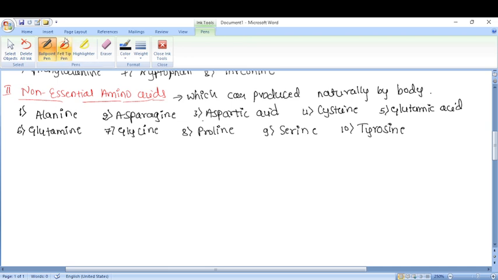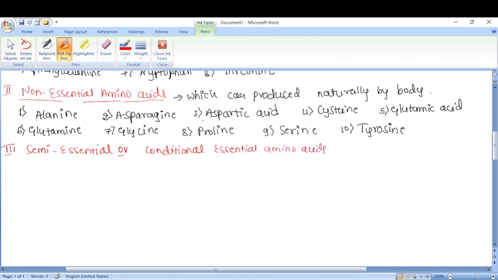Next, the third type is semi-essential or conditional essential amino acids.